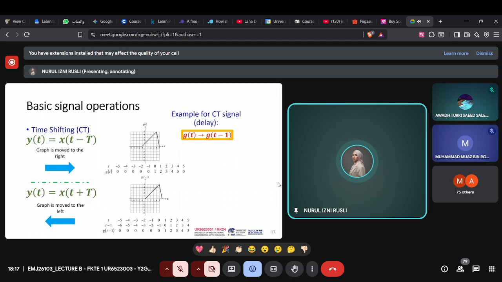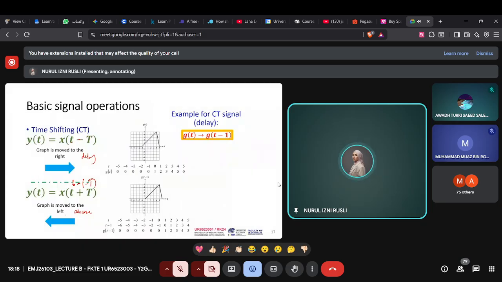The first one is x(t - T), whereby the graph is going to move to the right, or you could also say the signal is having a delay. The other one is x(t + T). So you could say the signal is going to move to the left, so you could say now you are having an advance.